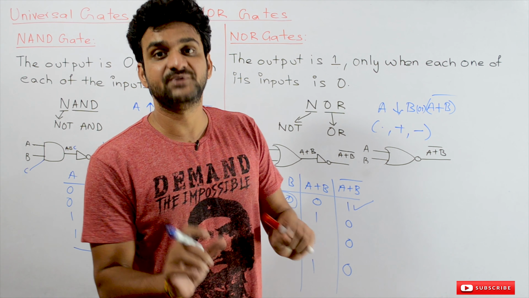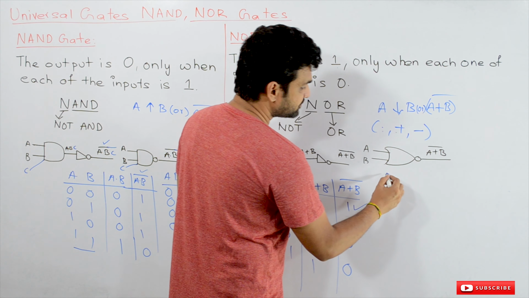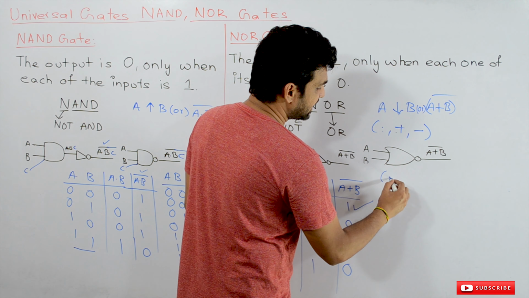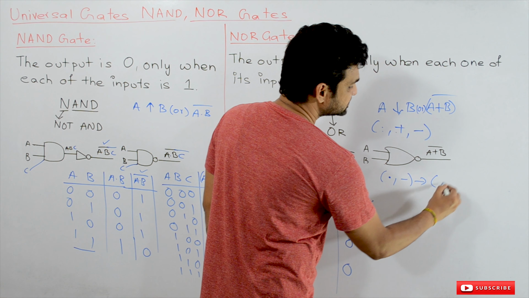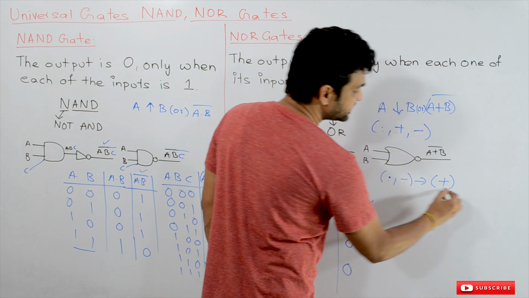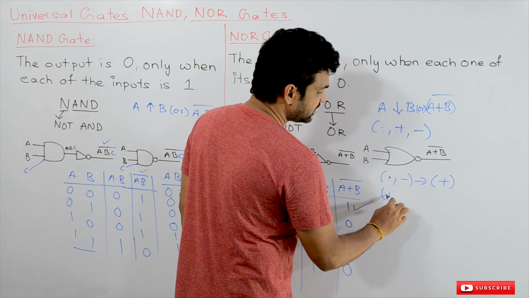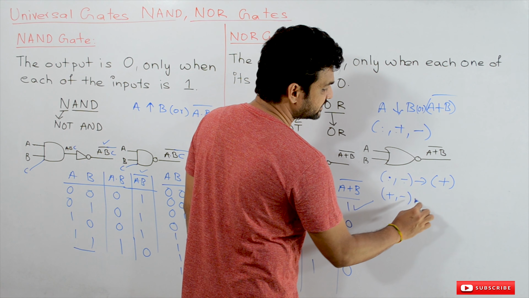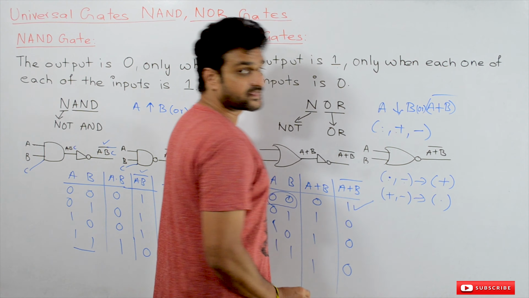For example, if you have an AND gate and a NOT gate, we can generate an OR gate. It is possible. And if you take an OR gate and a NOT gate, using these two gates we can construct an AND gate.